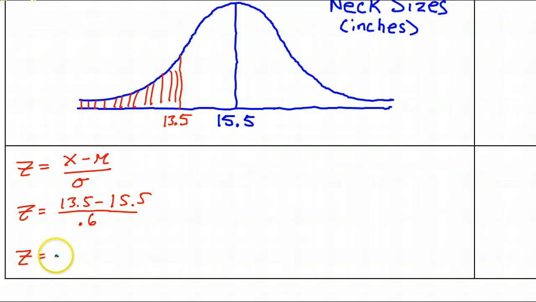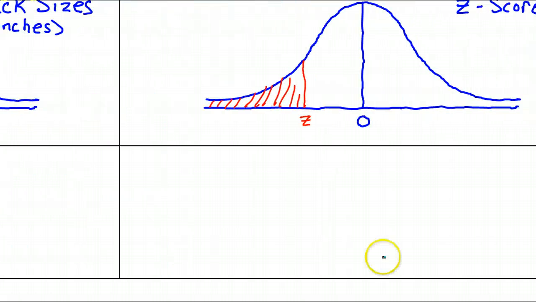Alright, you put that in your calculator, you get negative 0.3 repeating. We can only keep 2 decimal places, so negative 3.33. Okay, so now we have our z value, so let's go ahead and put that on the chart.